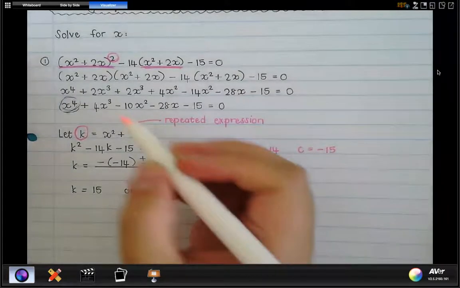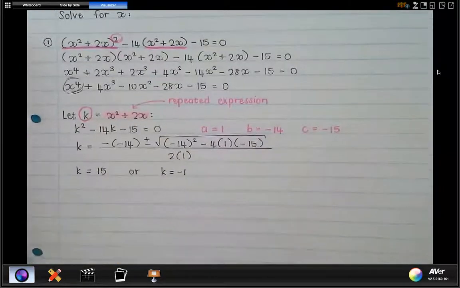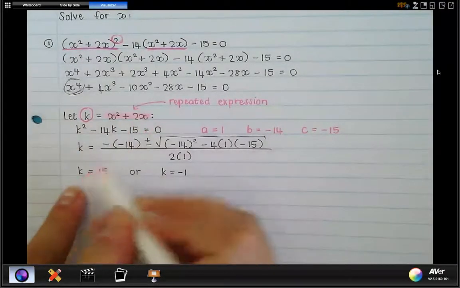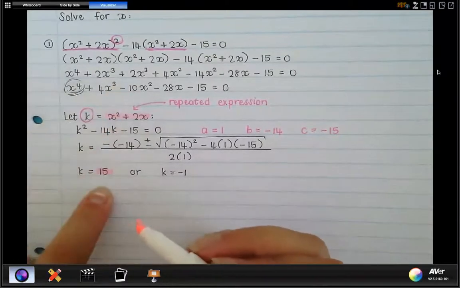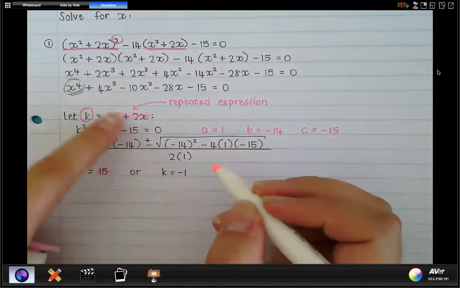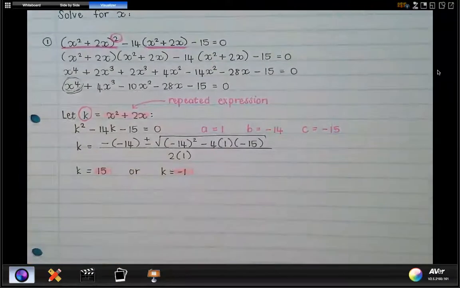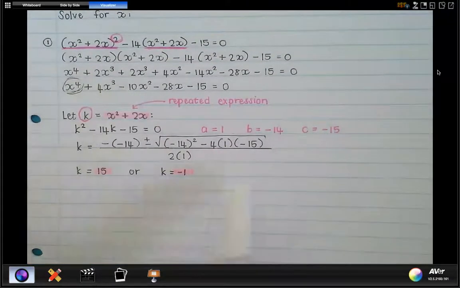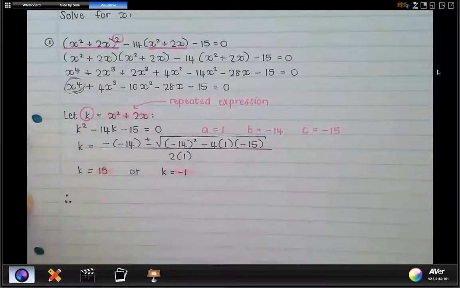Now, what I want you to notice is that we said that k is x squared plus 2x. So that means that x squared plus 2x, k, is equal to 15. But then also x squared plus 2x has to be equal to the second answer that we got for k, because x squared plus 2x is k. So this is going to give us two quadratic equations.